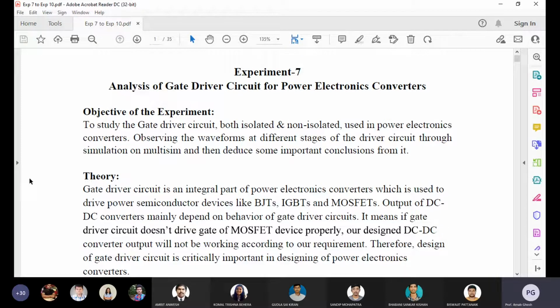Suppose any fault happens in the power circuit. As the ground is the same in both cases, there is a high chance of circulating current flowing between the gate driver ground and the power circuit ground. Can you imagine?